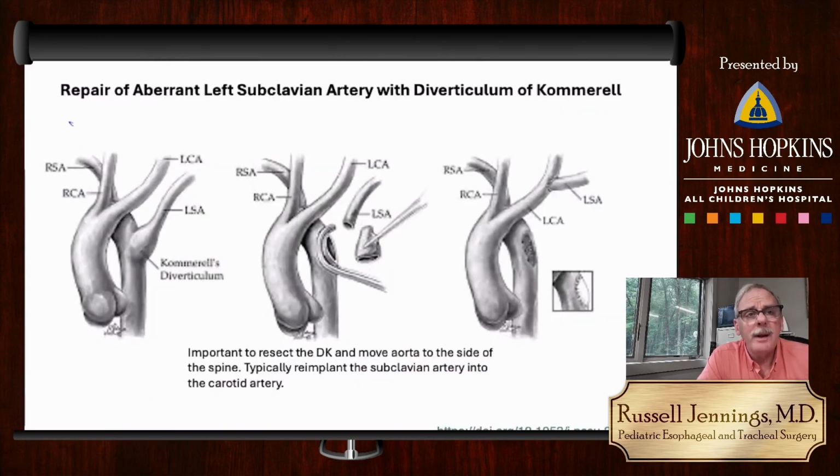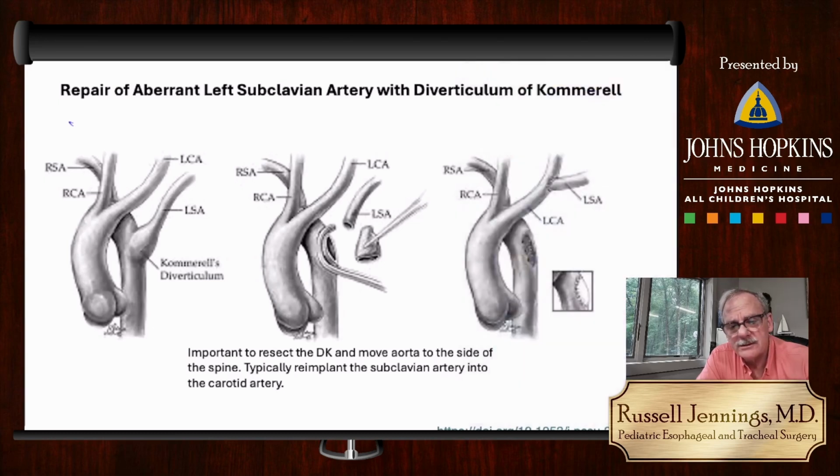So how to repair a vascular ring with compression of the trachea and the esophagus? Well, in my opinion, you have to address the primary problem, which is the diverticulum of Kommerell. The secondary problem is the aberrant subclavian artery.